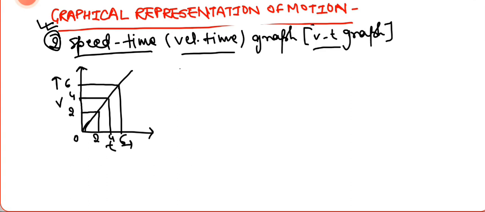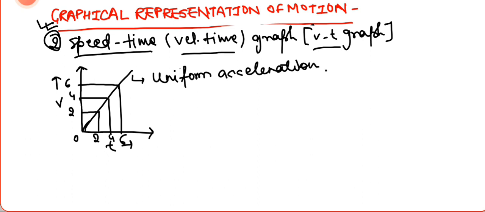So the velocity is changing uniformly at equal intervals of time. Therefore the motion of the object according to the slope is uniform acceleration.